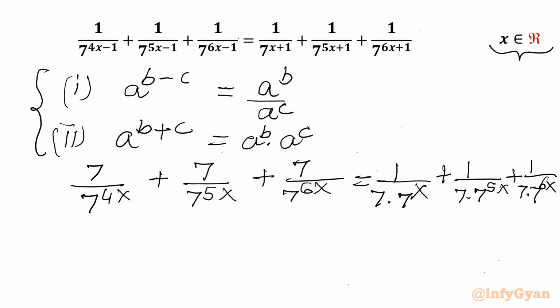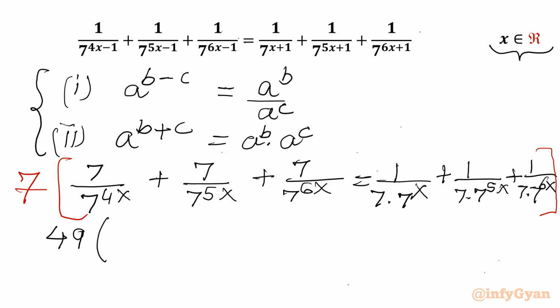Now I will multiply this equation by 7. So let us write: multiply both sides by 7. 49 will be common in the LHS.